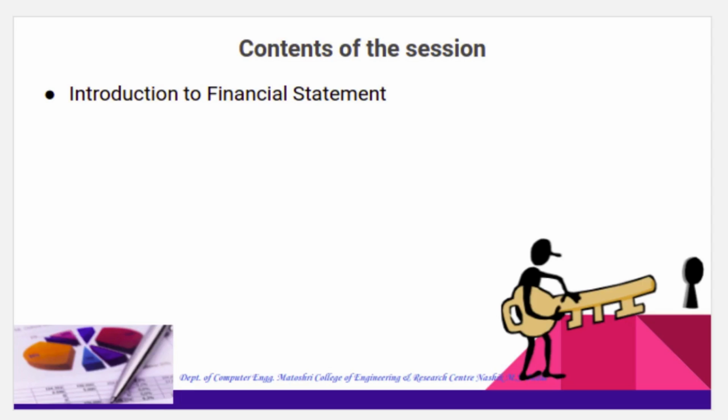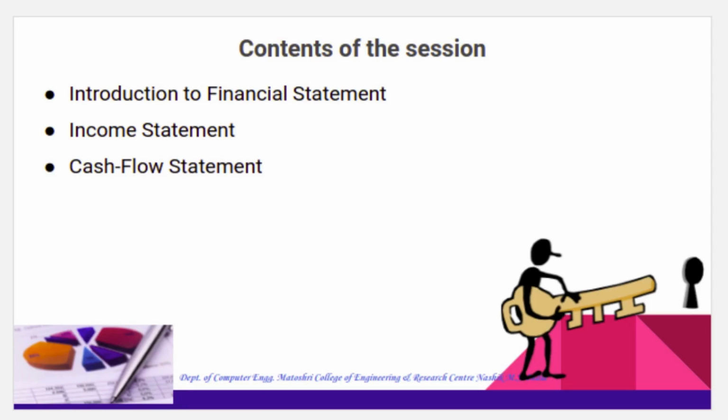Then next, we will review the income statement, which indicates whether the company is making or losing money during a stated period. After that, we will learn the cash flow statement, in which you will learn the sources and the use of cash according to the type of business activities.